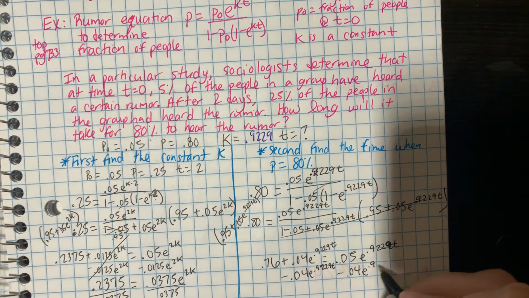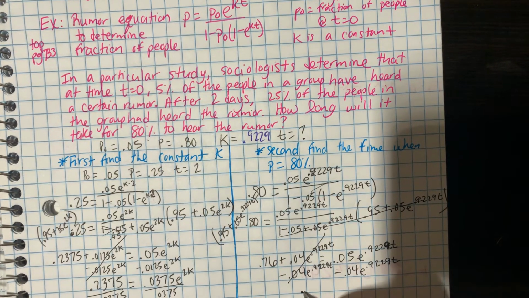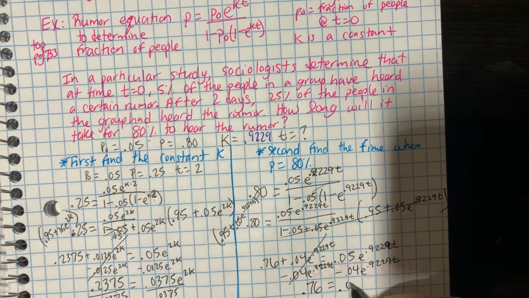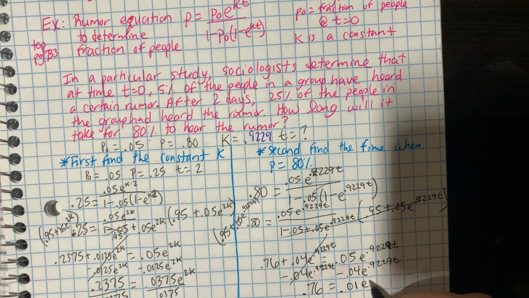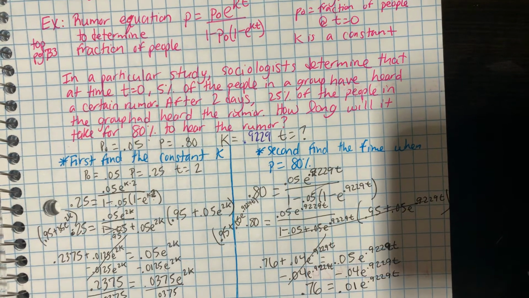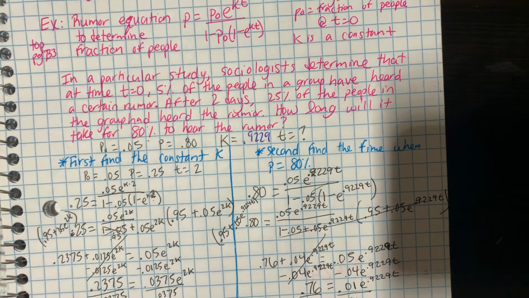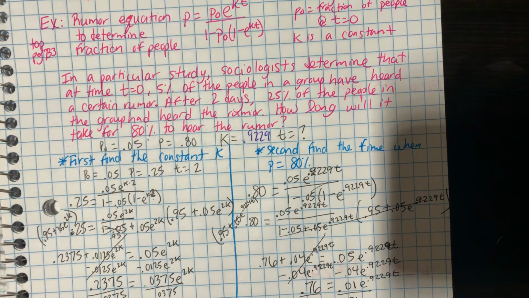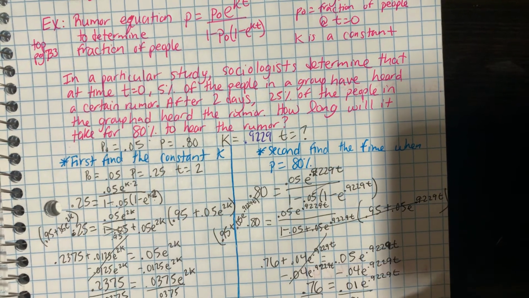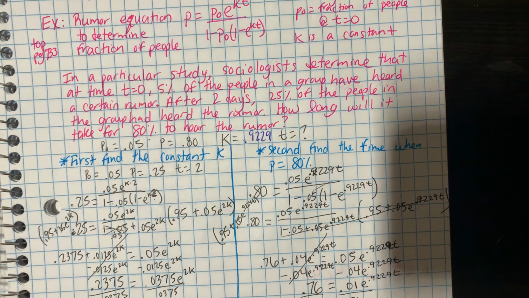E to the 0.9229t. This goes away. So we'll have 0.76 equals 0.01 e to the 0.9229t. We will divide both sides by 0.01. So we'll have 76 equals e to the 0.9229t.